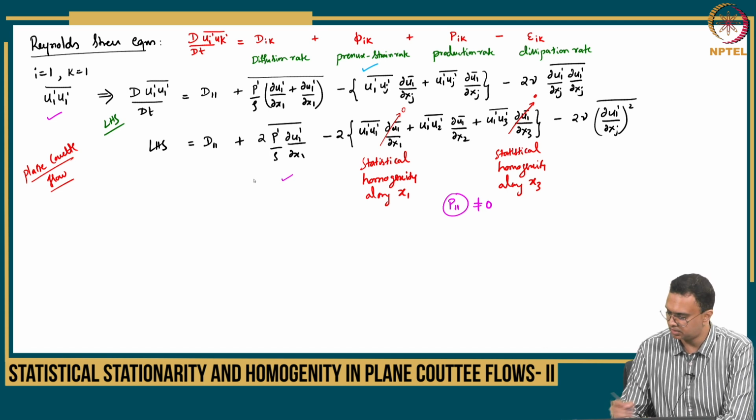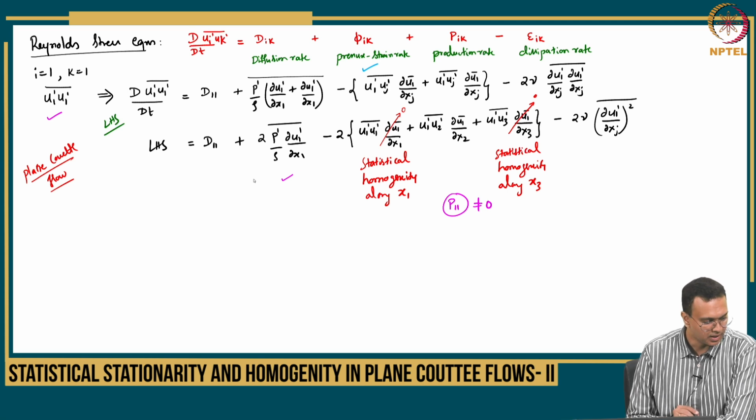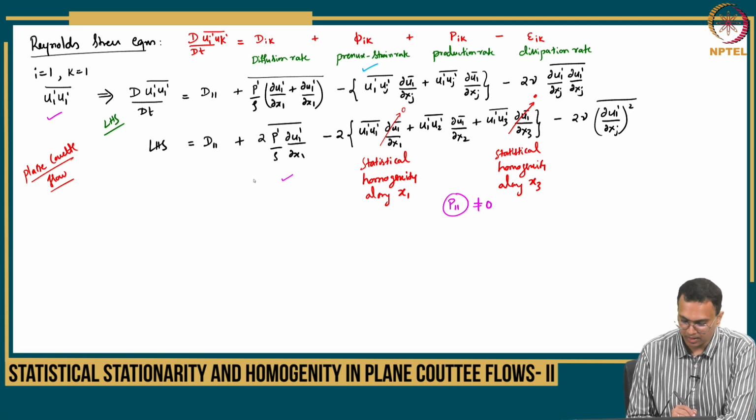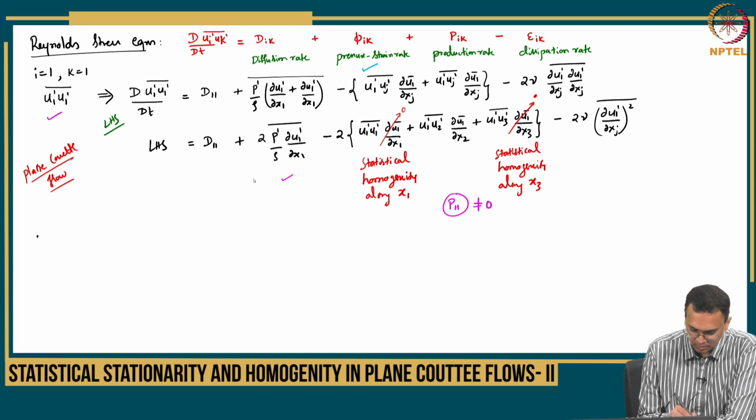So now let's see what will happen to the equation for i equal to 2, k equal to 2, which will give you u2 prime over bar.